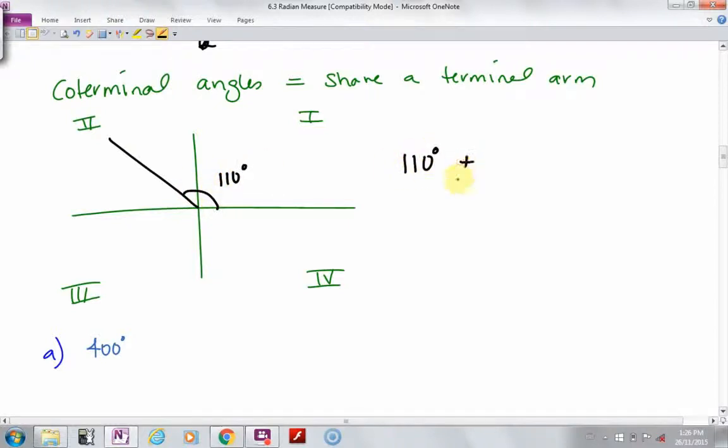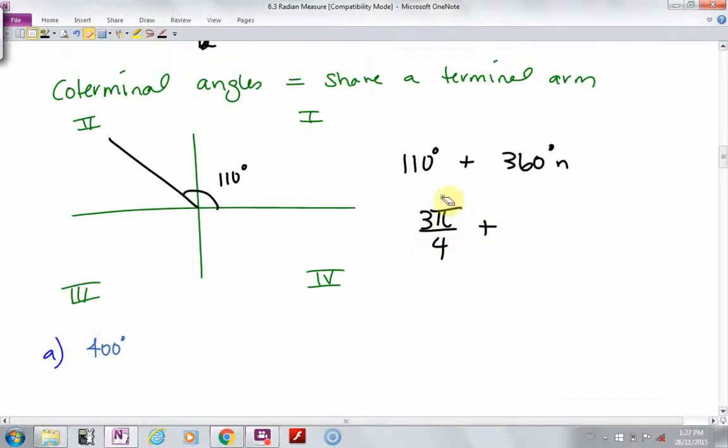And if I wanted to find coterminal angles to 110 degrees, what do I have to do? What do I do, Rita, to find coterminal angles? Yeah, and any multiple of 360 is going to do, right? Now, if I have an angle that's in radians, let's say I have 3 pi by 4, and I want to add to get coterminal angles.